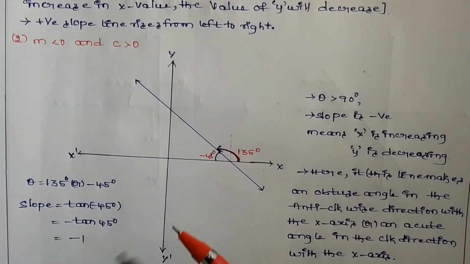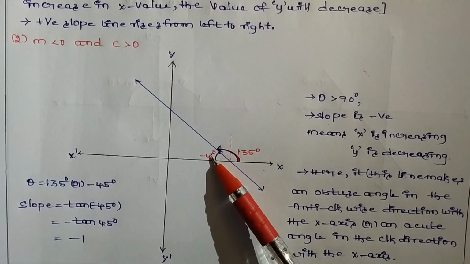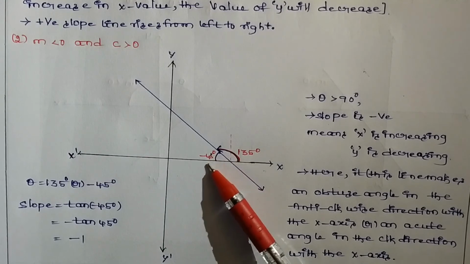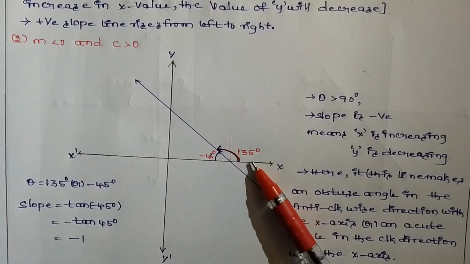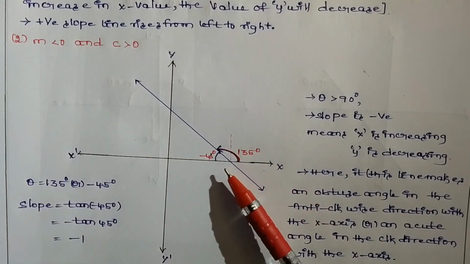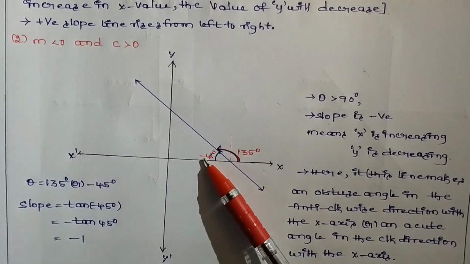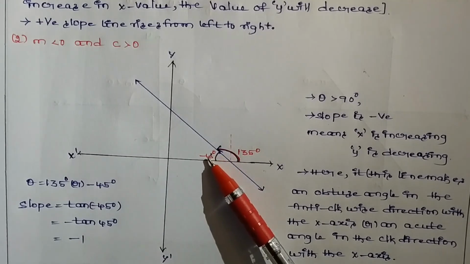In other words, we can also tell that an acute angle, acute meaning its angle is between 0 and 90 degrees, not more than 90 degrees. If the angle is more than 90 degrees, it is an obtuse angle. In other words, an acute angle in the clockwise direction. Clockwise direction means here we are placing negative, clockwise direction with the x-axis.